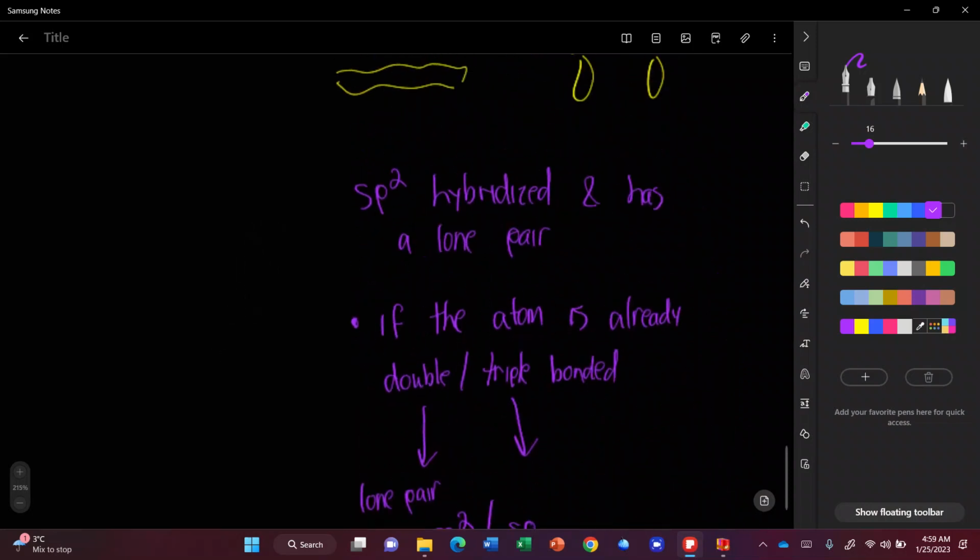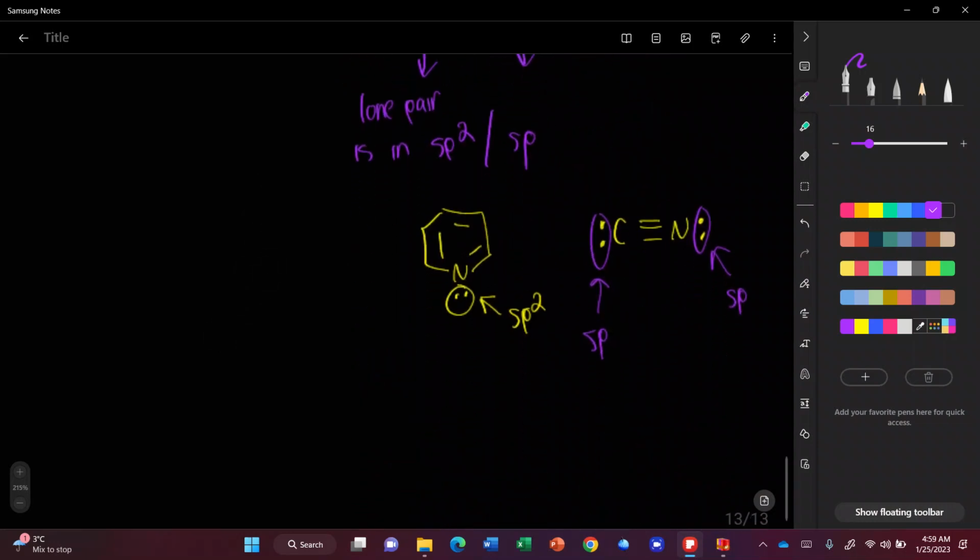If you're sp2 hybridized and you have a lone pair, but the atom is not already double or triple bonded, then that lone pair would be in a p orbital. And again, that goes back to what we were talking about.